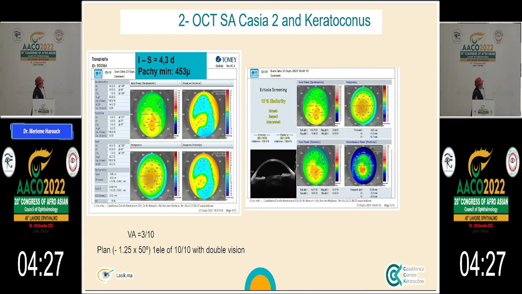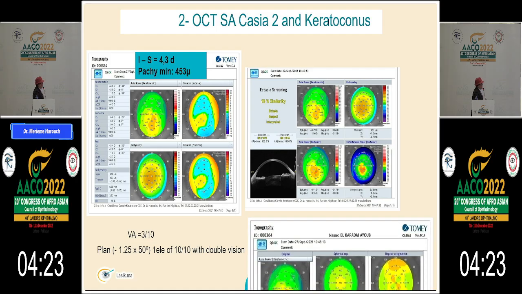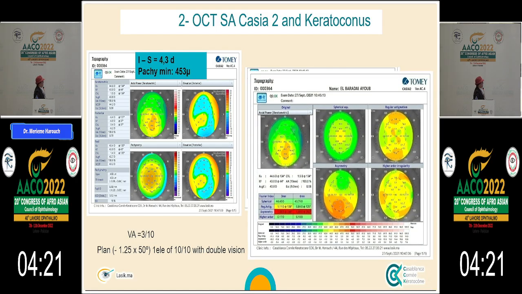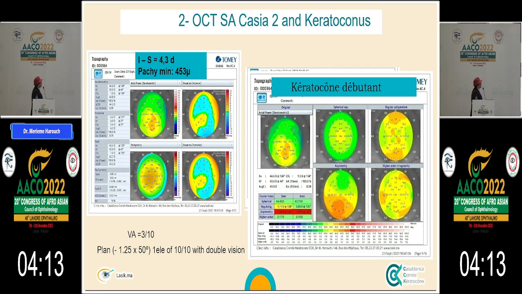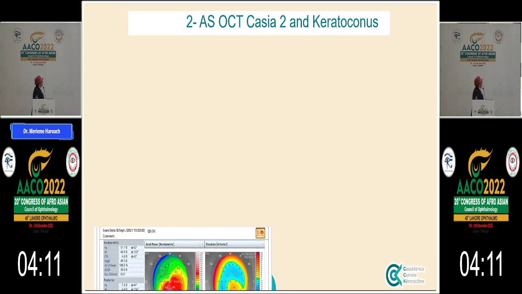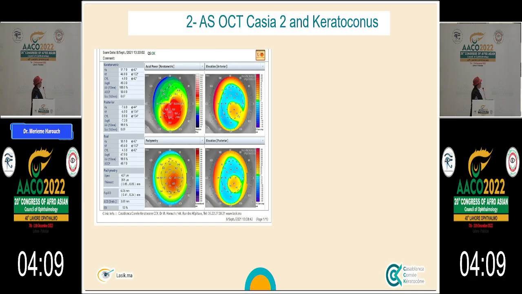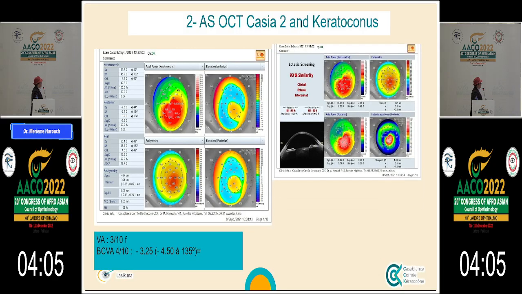In the ectasia screen, we have keratoconus, and with the Fourier analysis, we have the axial asymmetry, with the coma.